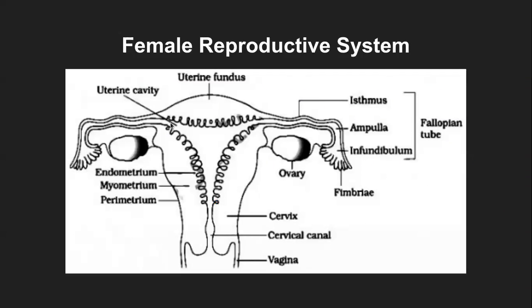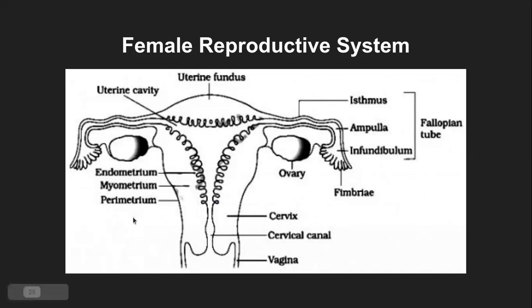So this is cornua, where the fallopian tube opens into the uterus. This is the fundus. This is the actual body, and this is the cervix, which ultimately opens into the vaginal structure. So that is how the uterus is present, and that's where this shape is helpful.